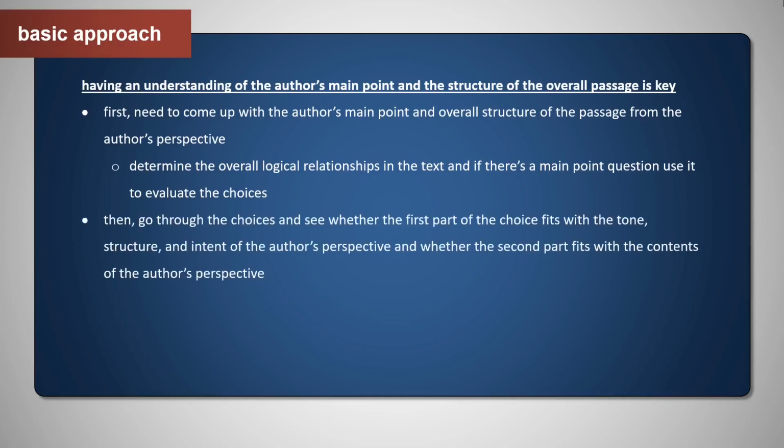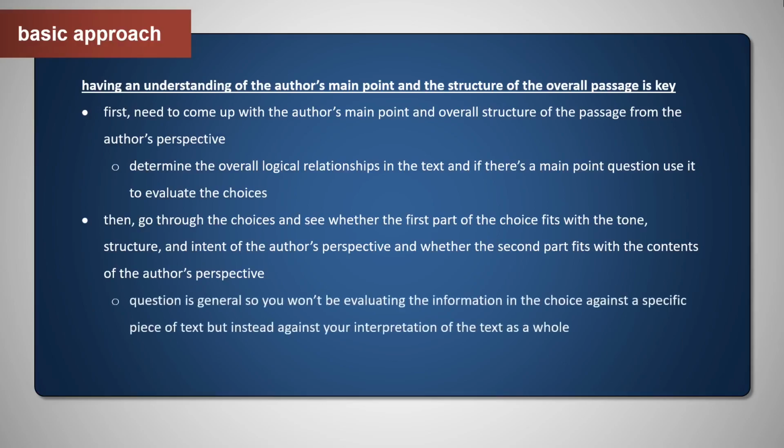Then go through the choices and see whether the first part of the choice fits with the tone, the structure, and the intent of the author's perspective, and whether the second part fits with the contents of the author's perspective. The question is general, so you won't be evaluating the information in the choice against a specific piece of text, but instead against your interpretation of the text as a whole.